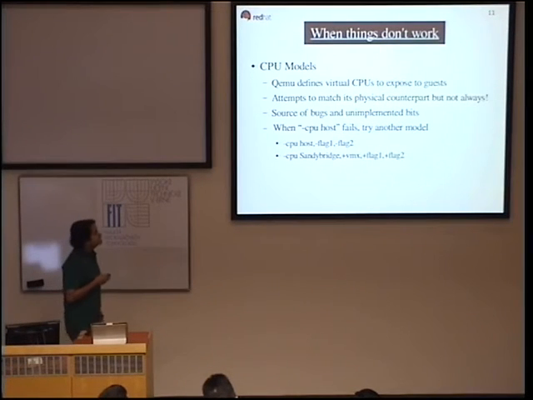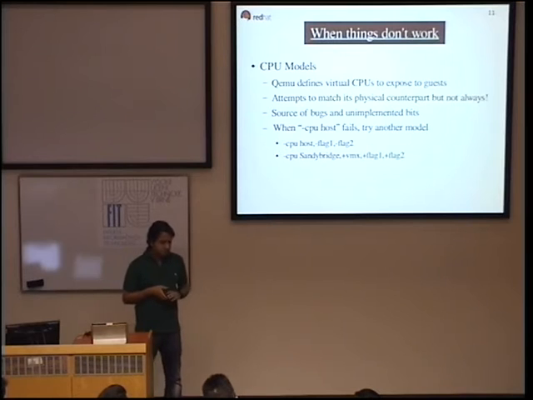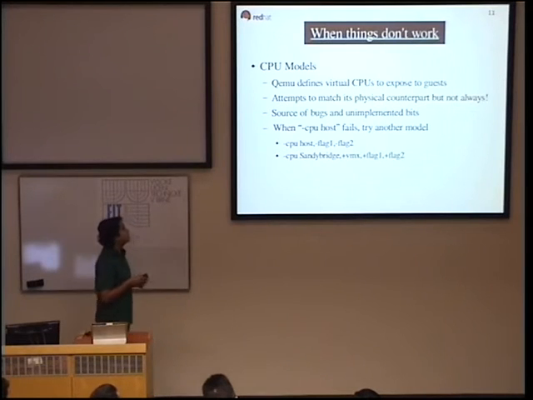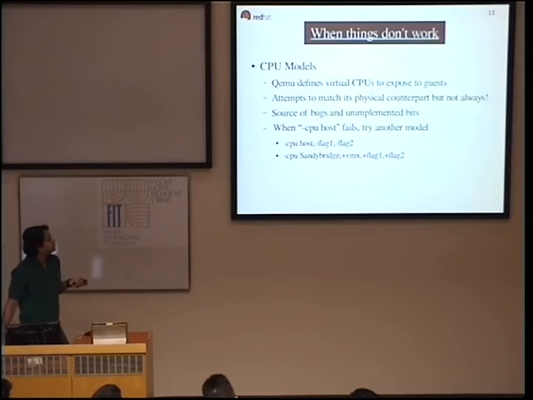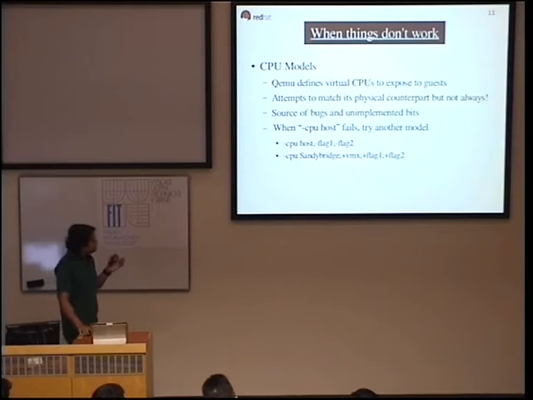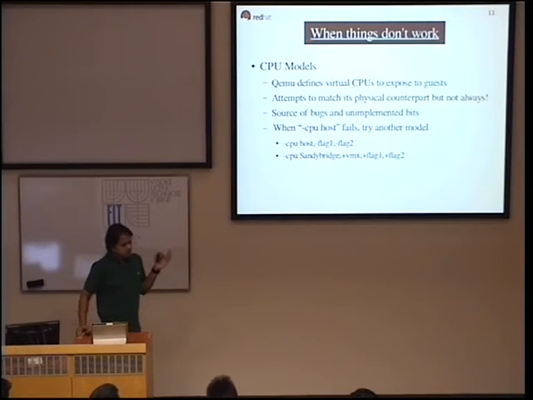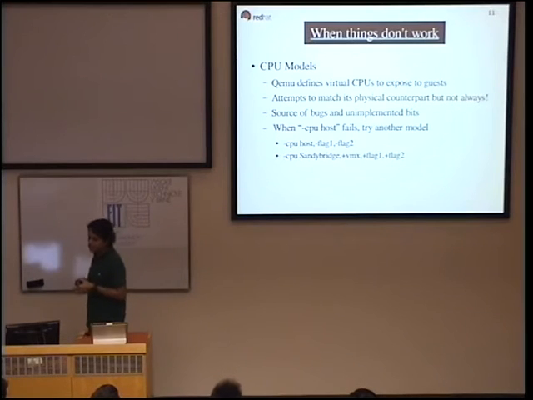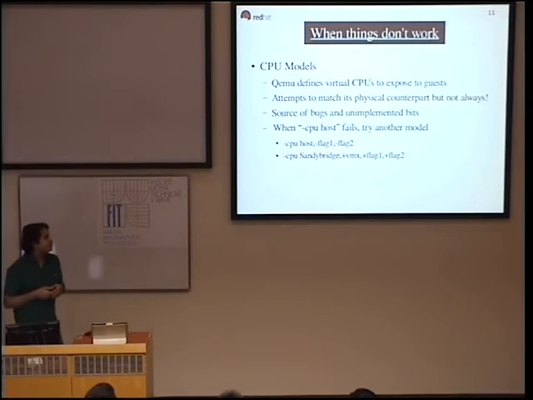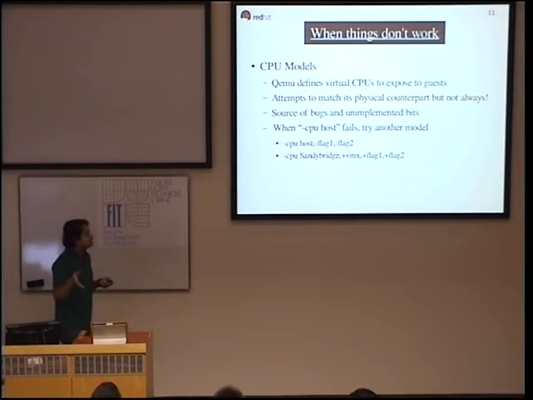The next few slides cover situations where things don't work, and the reason I had the previous slide is because I wanted to give you a quick overview of the CPU models. QEMU has these CPU models, and they try to emulate their hardware counterpart. We don't advertise all the flags, only those that actually make sense.